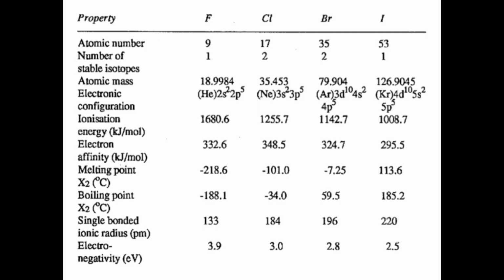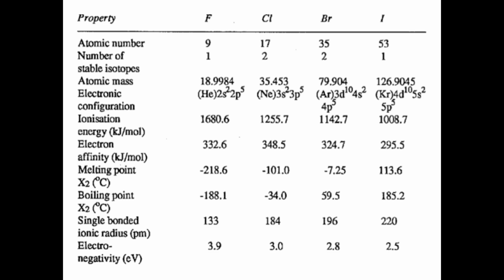Okay, let's look at some of the other properties of the periodic table in terms of the quantitative or numerical values now. Fluorine has, this is the atomic number, 9, 17, 35, and 53. You can see the number of stable isotopes that they have.